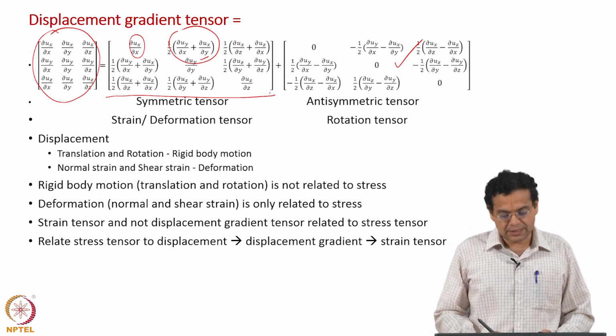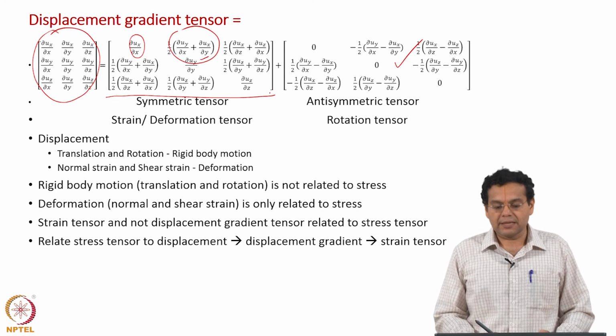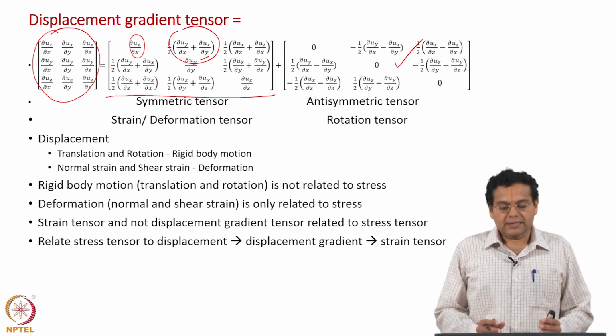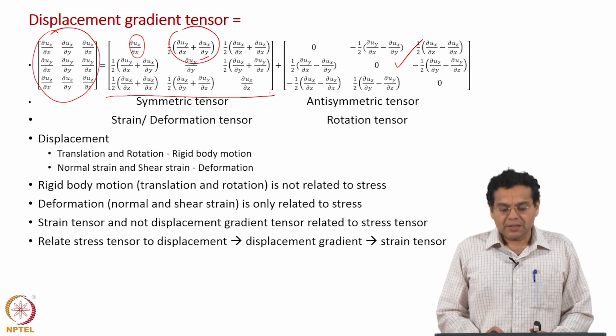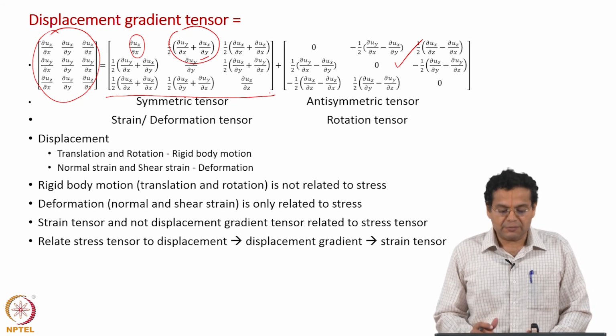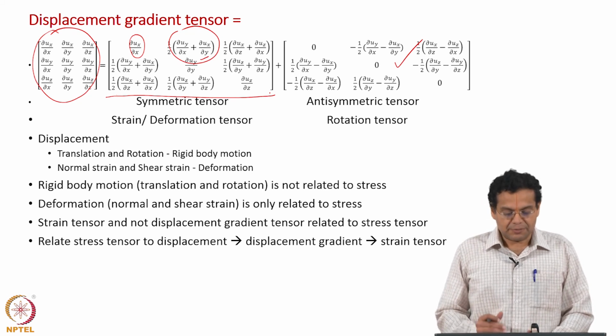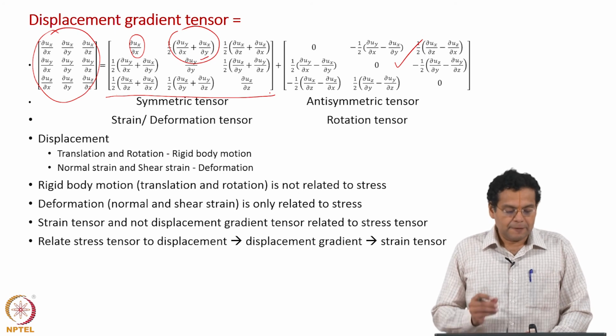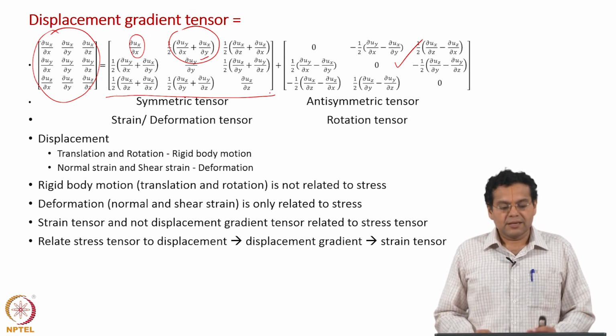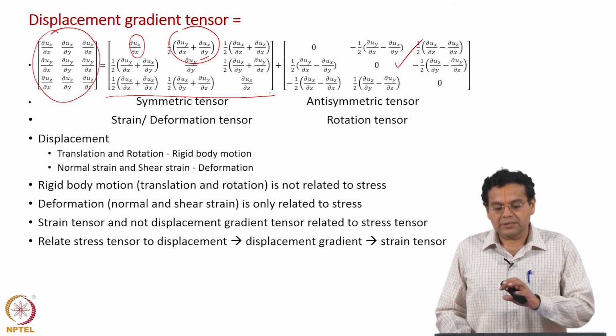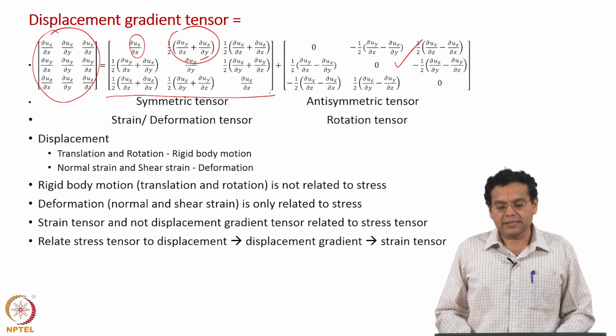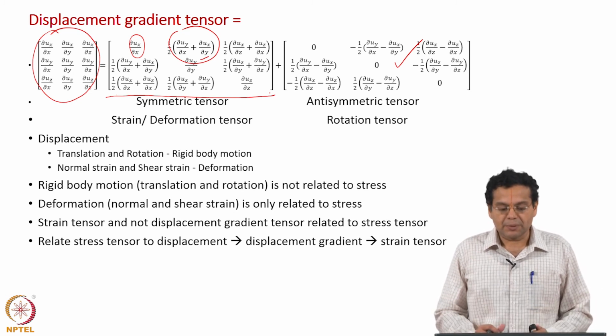That is the biggest takeaway from this slide. I said I will tell the motivation later. Now the motivation becomes very clear, which is why it has been reserved till this point: the reason for splitting is that only one part of the displacement gradient tensor is to be related to stress.